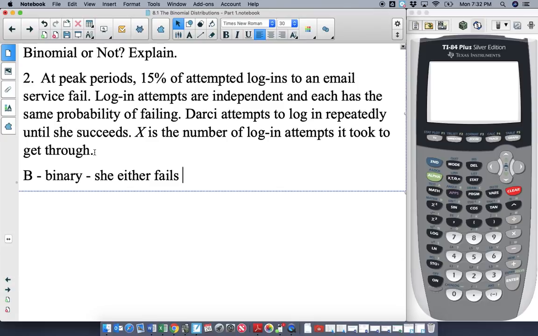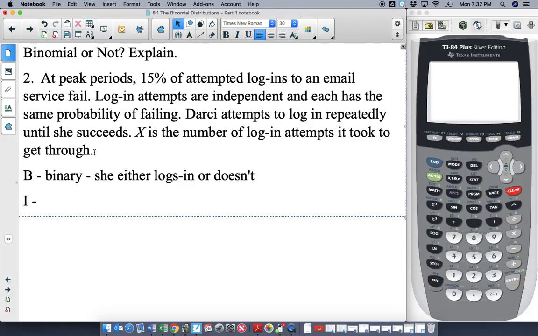No, that's not true. Sorry, I need to read the question again. X is the number of login attempts it took to get through. So she either logs in or doesn't. For I, it's stated that the attempts are independent.